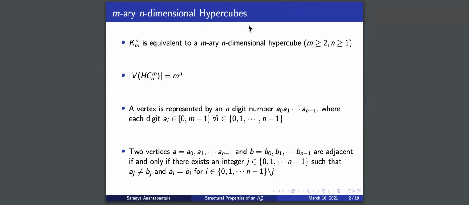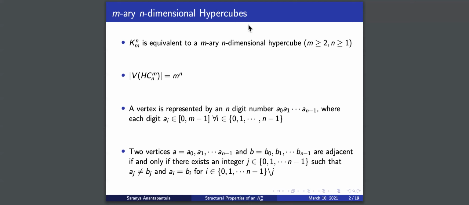A hypercube, which is denoted as HC_m^n, has m to the power of n vertices, and each vertex is represented by an n-digit number, represented by A0, A1, all the way to A(n-1), where each element is a number from 0 to m-1.